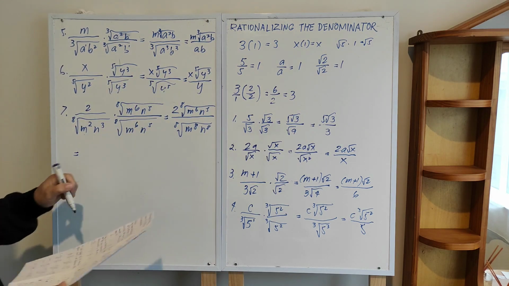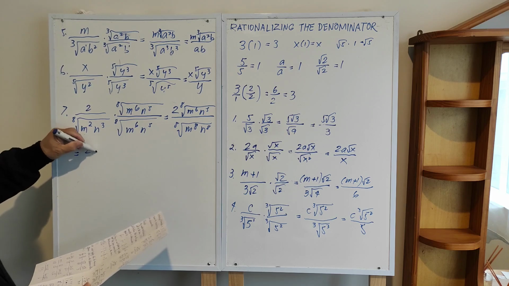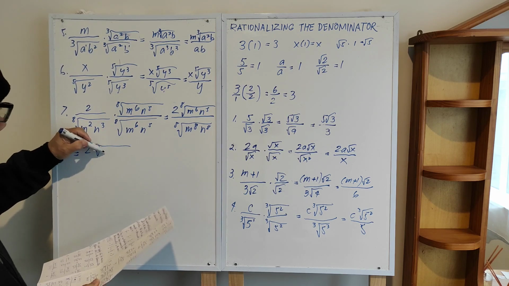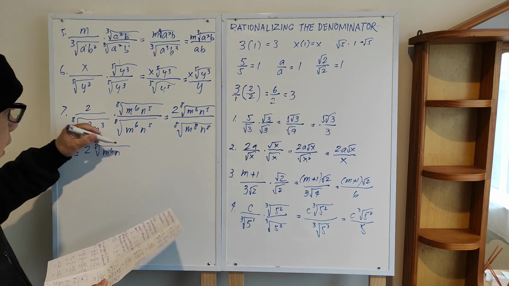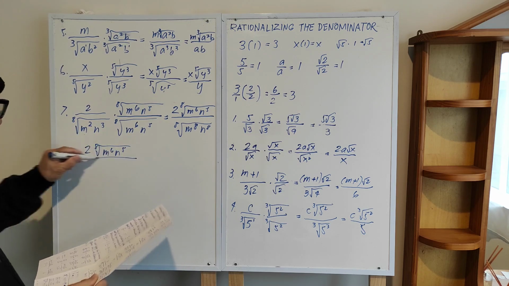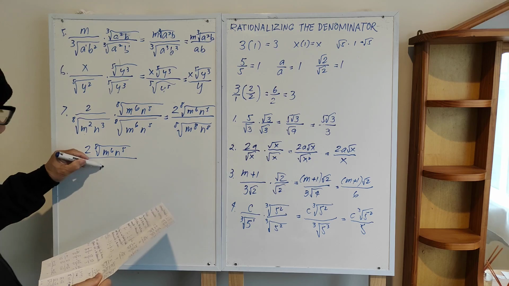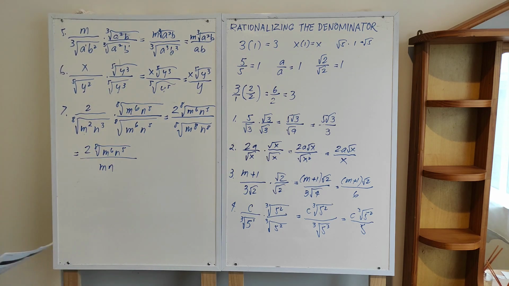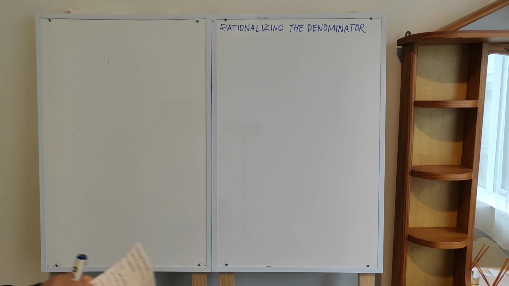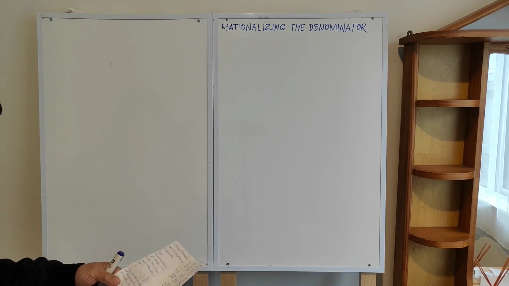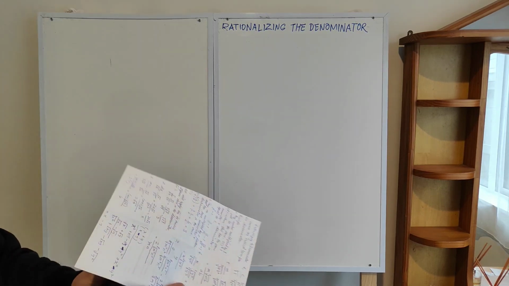So the answer will be, we just copy the numerator, 2 times the 8th root of m to the 6th n to the 5th. And the denominator will be mn only, mn.